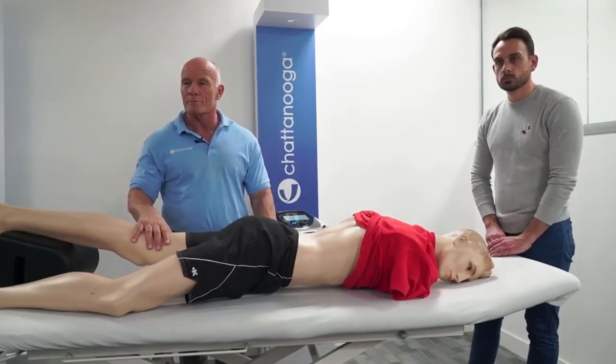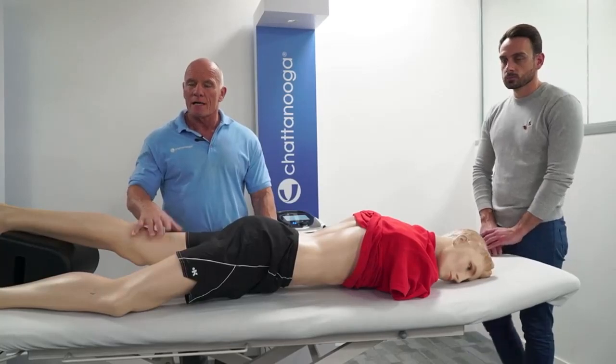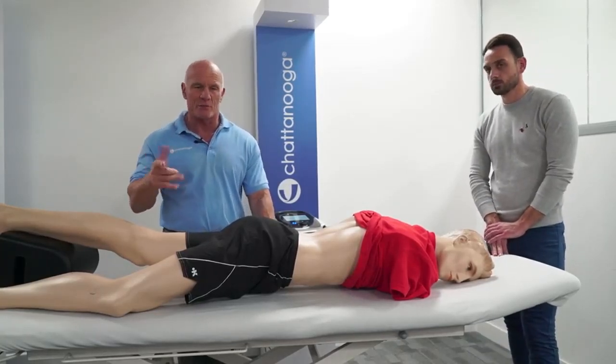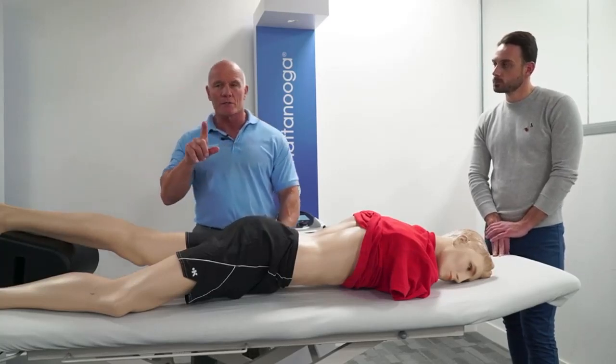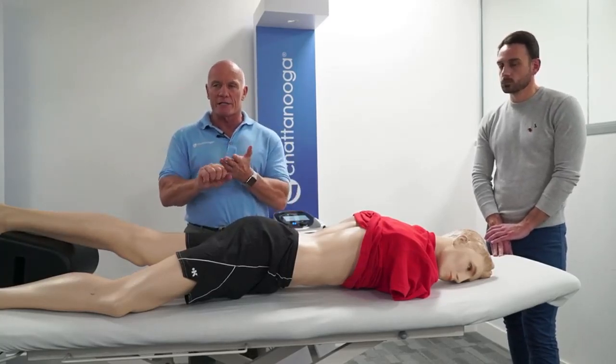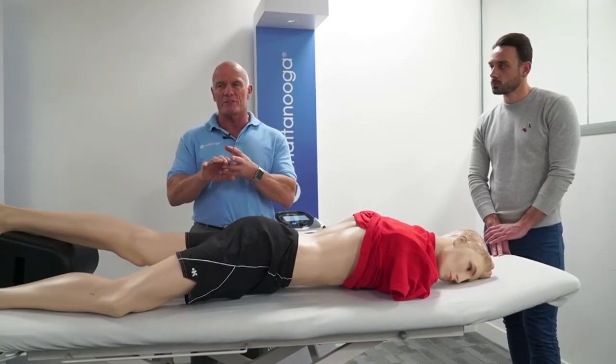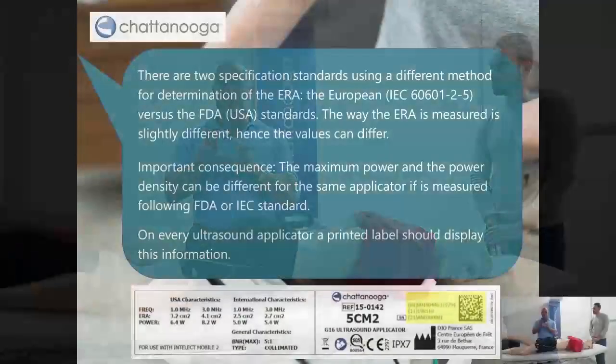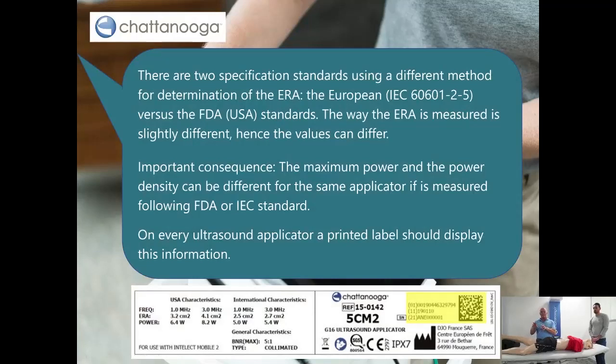And what's important about the ERA are the 2 specifications. I want to make this sort of clear to you. There are 2 standards, and they use different methods for determining this ERA, the European versus the American, the FDA standard. And the way the ERA is measured is slightly different between the 2. So if you're comparing 2 machines, I urge you to look at the back of the machine, okay?